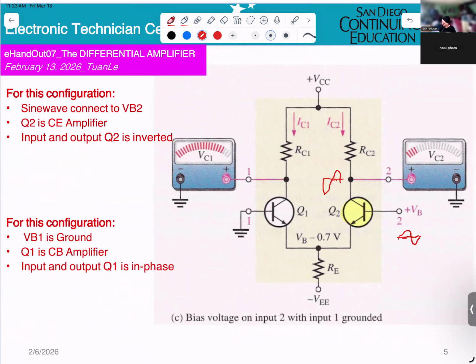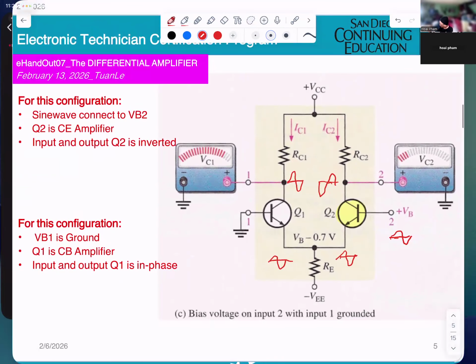In and out, 180 degrees different. Okay, and right here, you also get a sine wave, and on this side you get a sine wave. So now Q1 will be common base. Okay, so the output is in phase with the input.